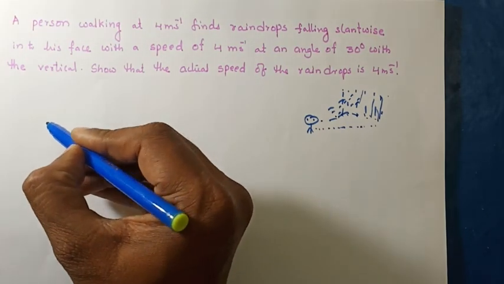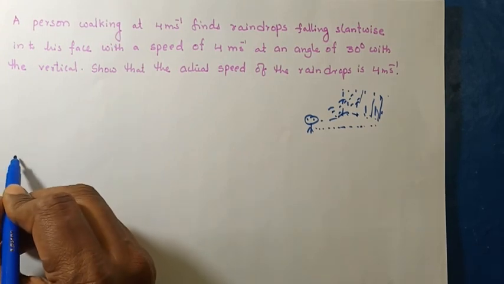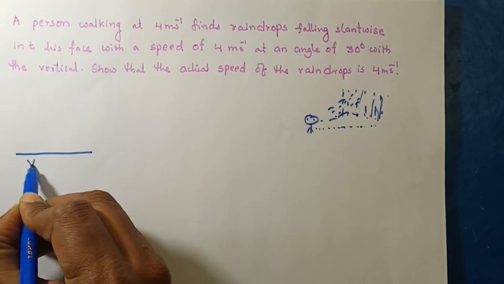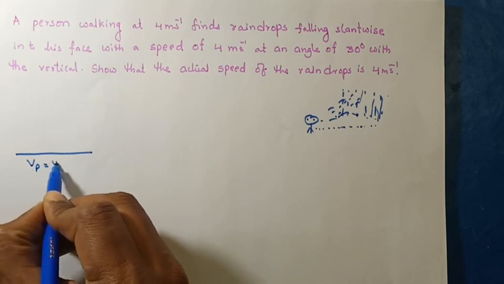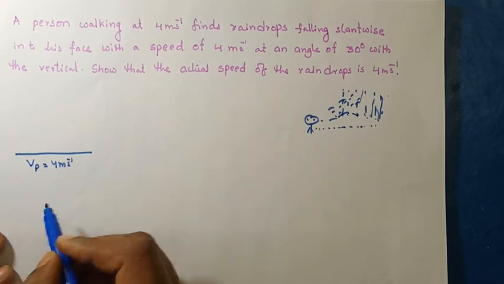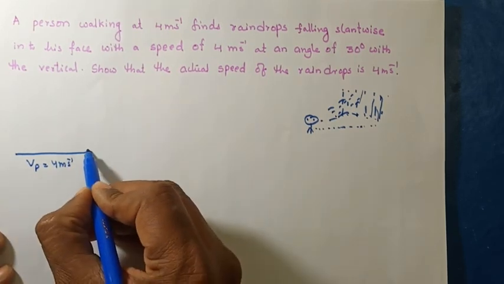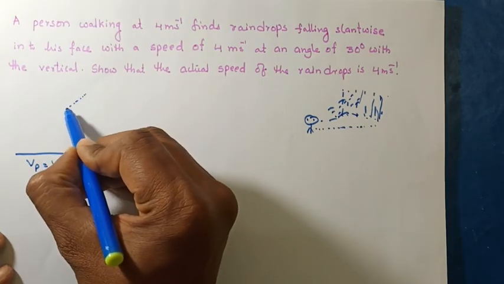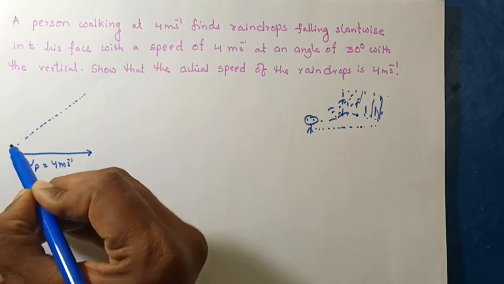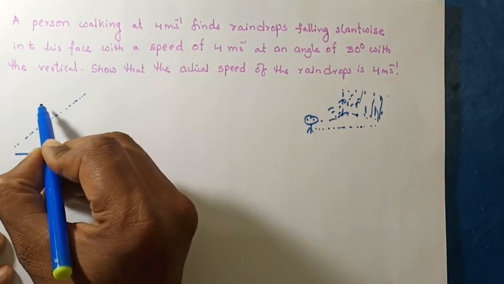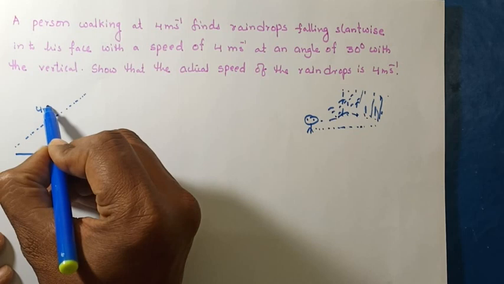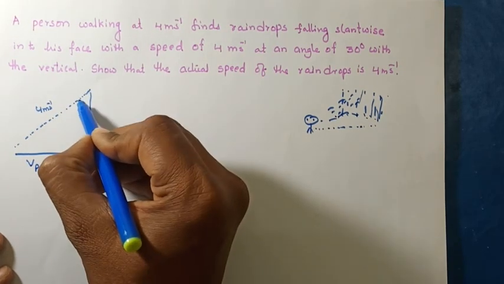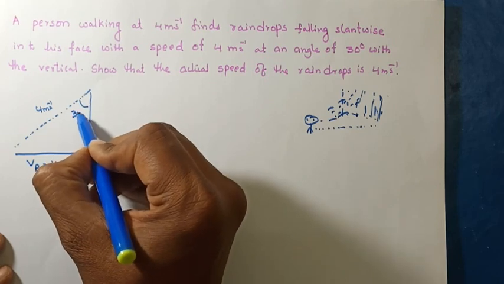Like a person walking at 4 meters per second, right? This is a simple thing, and raindrops are coming with 4 meters per second speed, making 30 degrees with vertical.